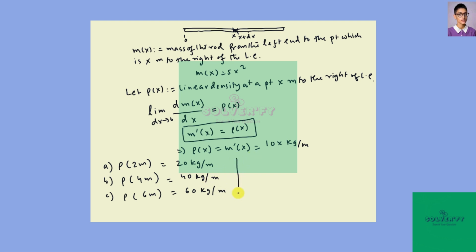And in part D, we are asked at which point of the rod the linear density is maximum. Now we can see that the linear density is increasing as x increases. So the linear density will be maximum when rho(x) is maximum, when x is maximum.